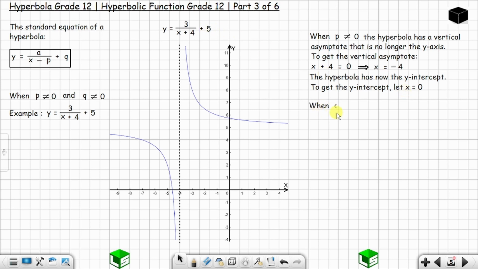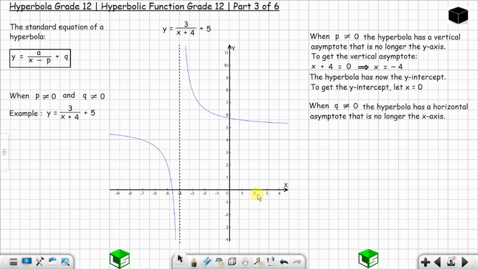When q is not equal to 0, the hyperbola has got a horizontal asymptote that is no longer the x-axis. If q is 0, this x-axis is going to act as the horizontal asymptote. But in this case, q is not equal to 0. Q is 5. So the hyperbola has got a different horizontal asymptote that is no longer the x-axis, right?